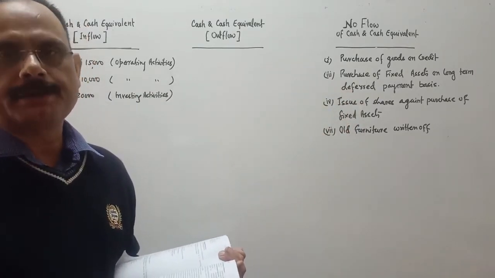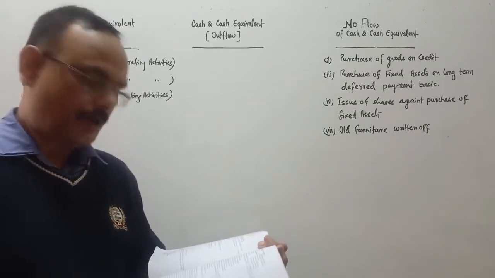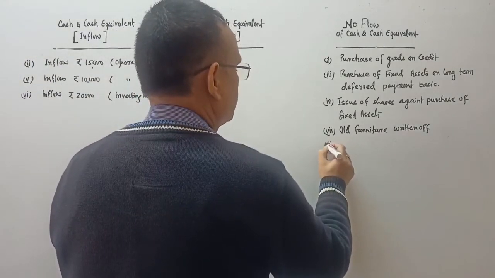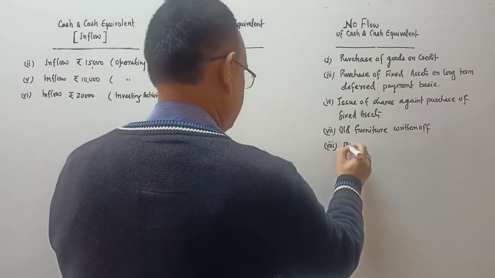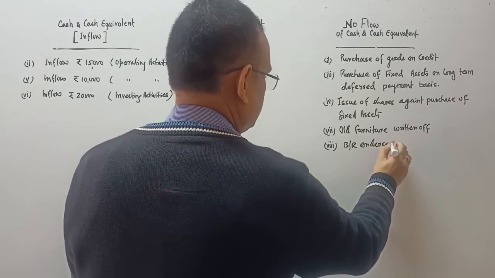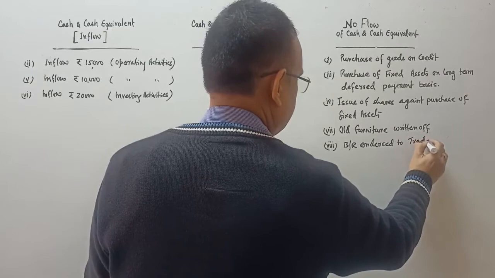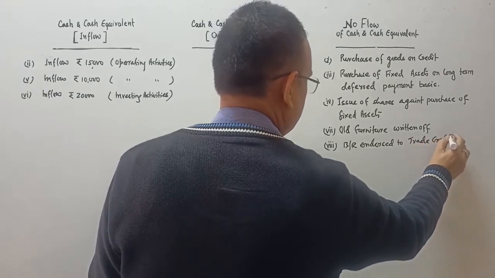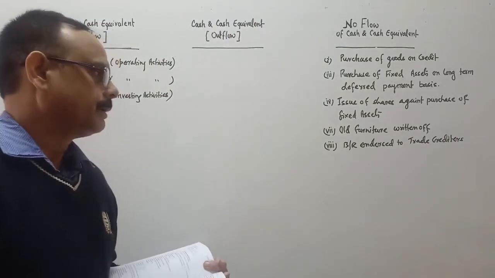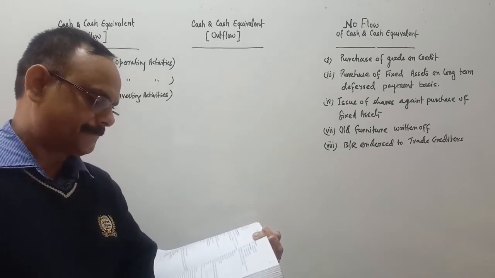In transaction number 8, bills receivable endorsed means transferred to trade creditors. So creditors account debit to bills receivable account will be the entry, and there is no flow of cash because no payment is done.